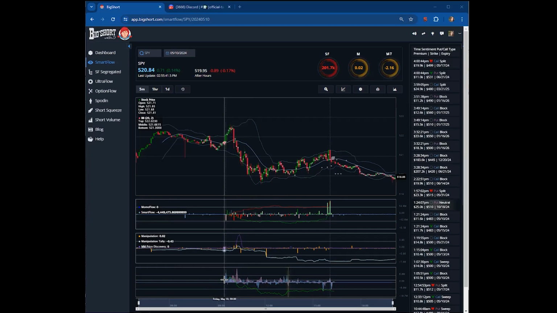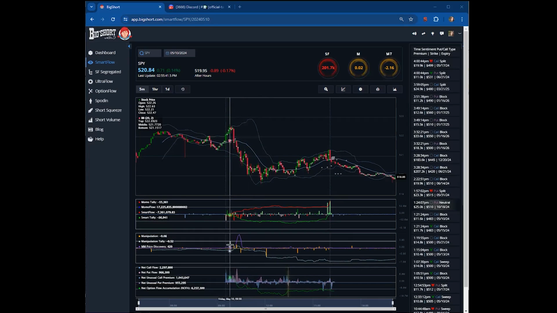And so what I'm looking for when it comes to my entries is a confluence across the indicators, meaning that they're all pointing in the same direction, or they're at least not conflicting with each other.